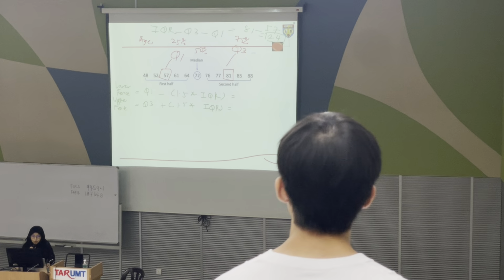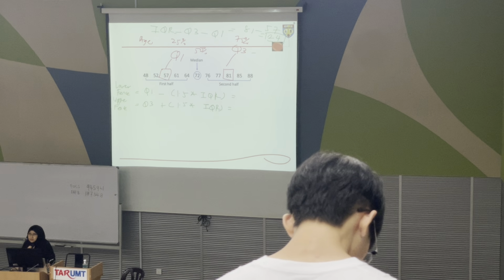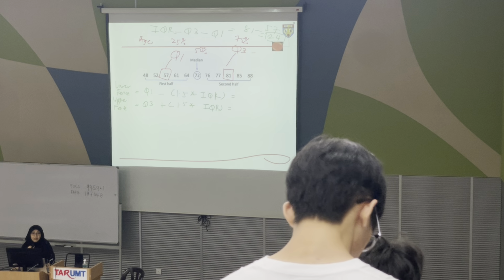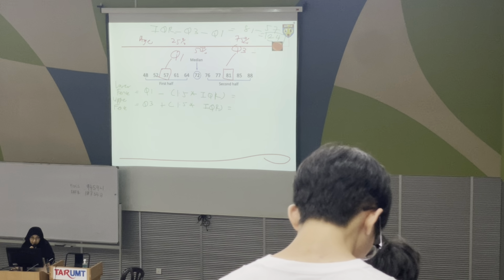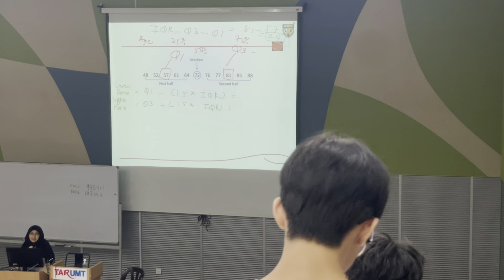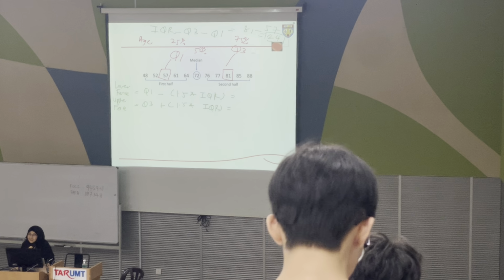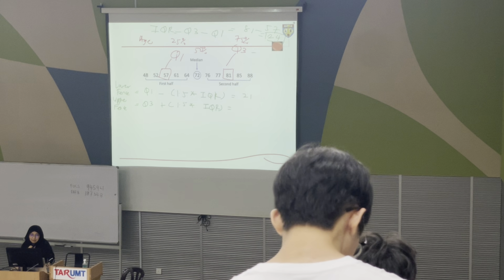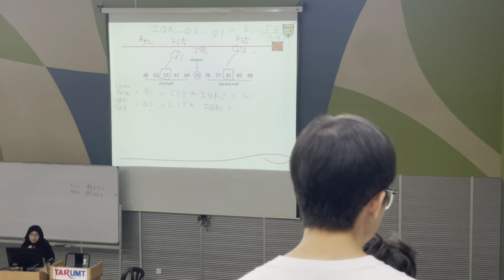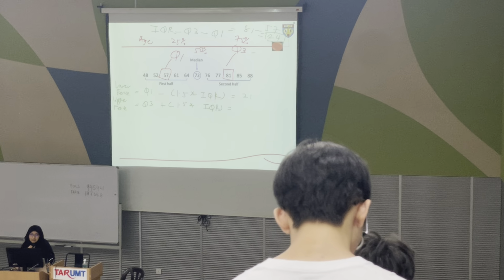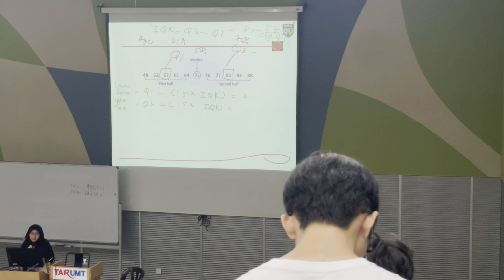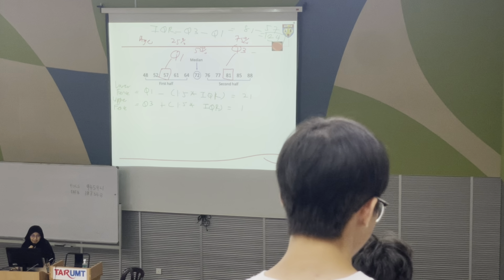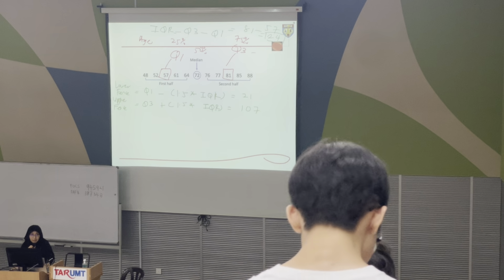So what is the value for lower fence? 21, and the upper fence is 107. This one is 21.